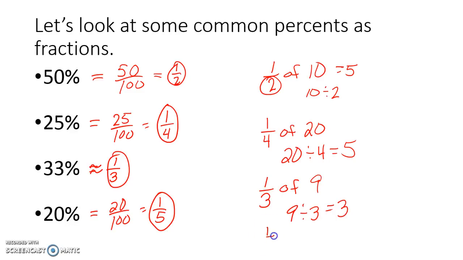If I wanted to take 1/5 of 20, I would think 20 divided by 5, and that's 4. So keep this concept in your head as we move on and talk about estimating with percents.